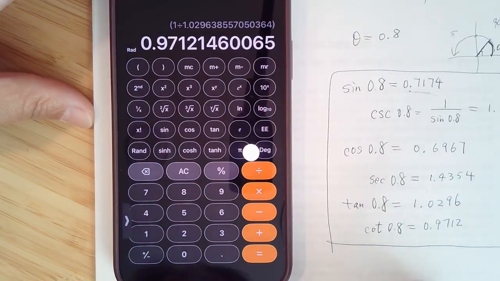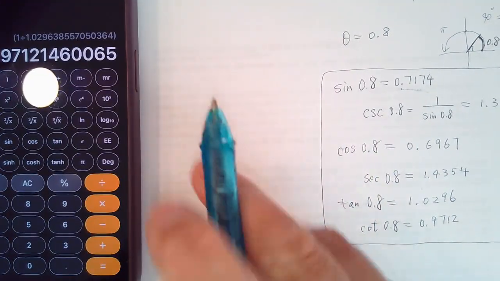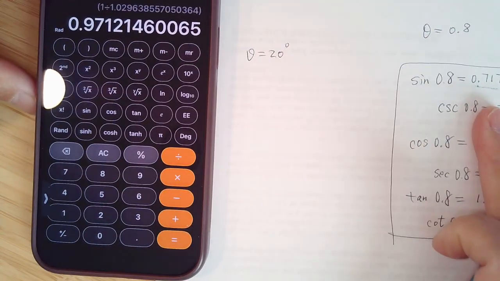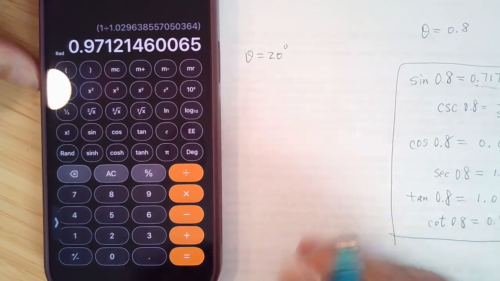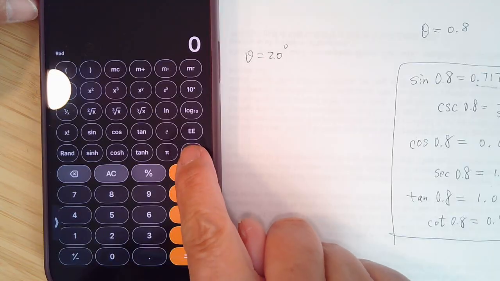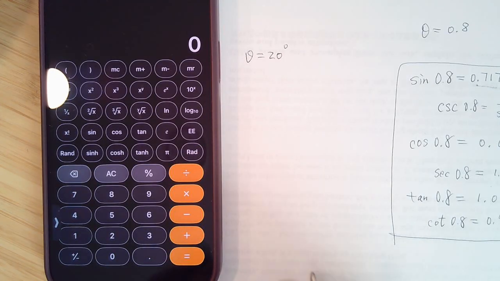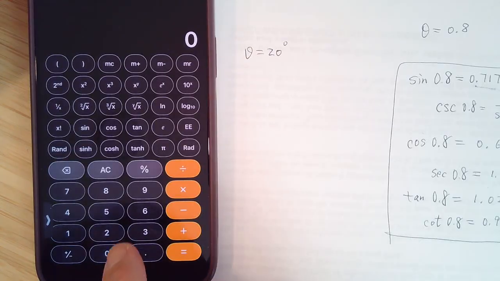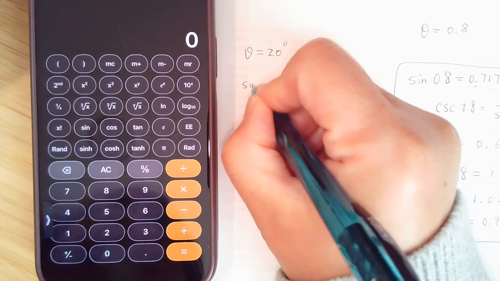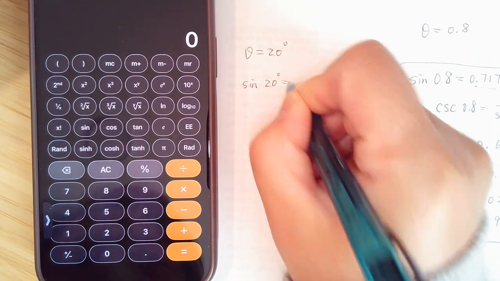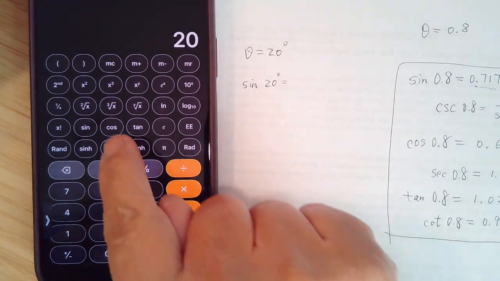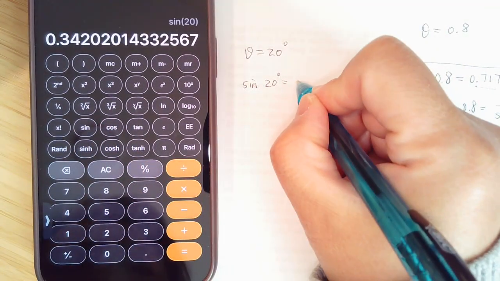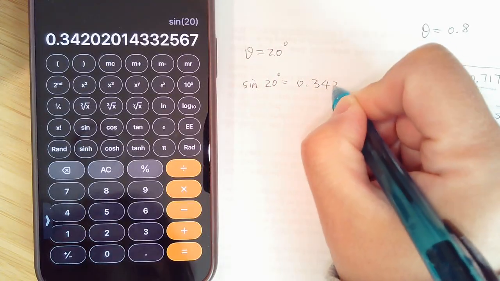If you're using degrees, let's say theta is 20 degrees, then you just use degree mode. You tell the calculator, I'm using degrees now, and then you can just do sine 20 degrees, equals. So you do 20 sine equal, that is 0.3420.